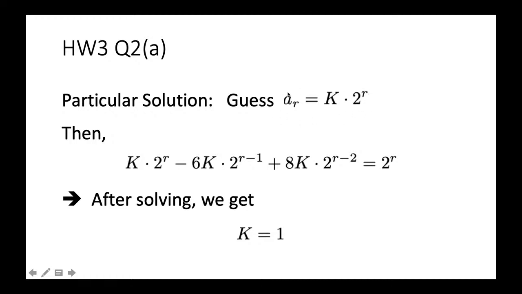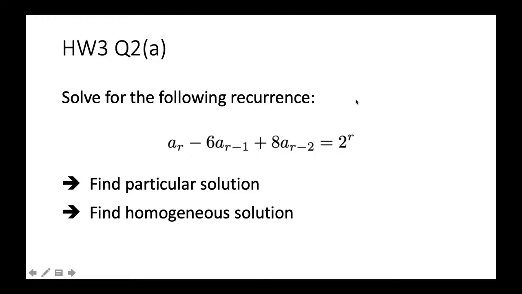So we plug it into the equation: a_r minus 6 times a_{r-1} plus 8 times a_{r-2} is equal to 2 to the power r. After simplifying the terms and solving the equation, we get K is equal to 1. So a_r equals 1 times 2 to the power r is a particular solution. This particular solution fits in this recurrence.